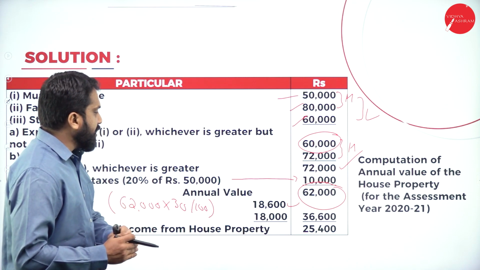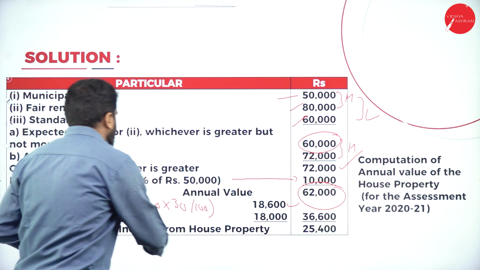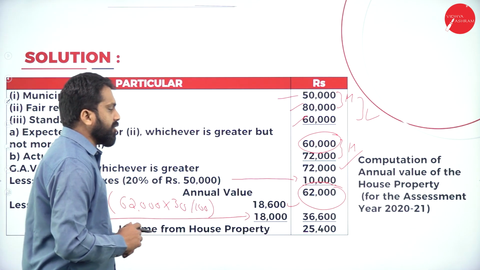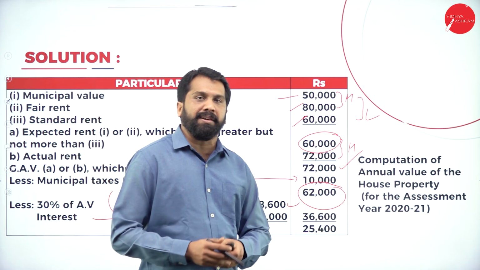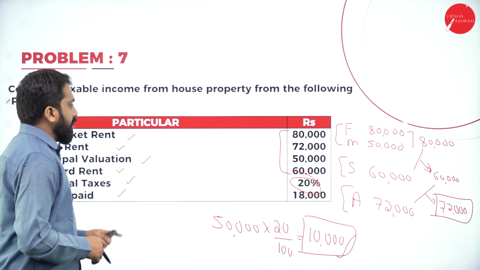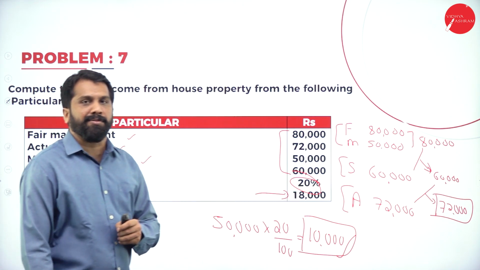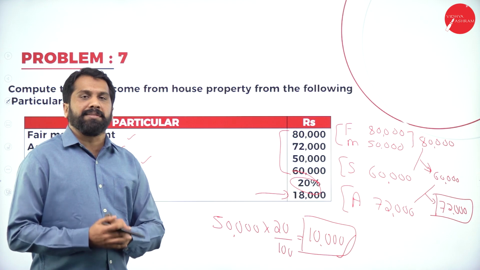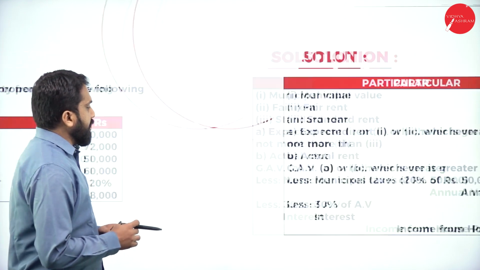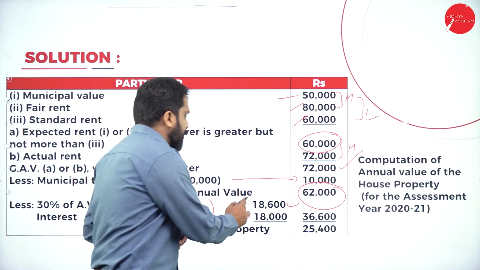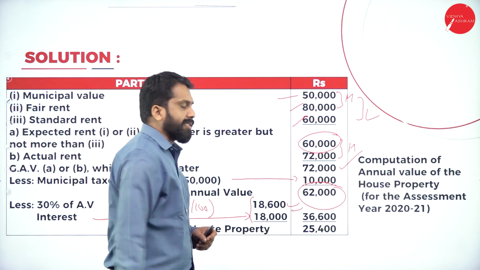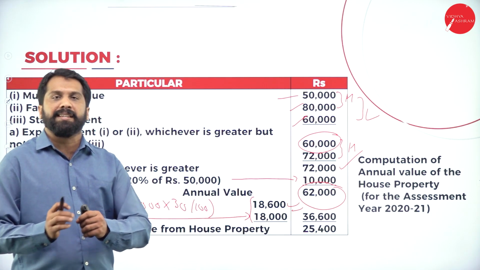Now, along with that, you have interest also. How much is your interest? I'll go back to your question. Your interest is around 18,000. Now, 18,000 is your interest. Take 18,000. Total, it is how much? 36,600. Any doubt?